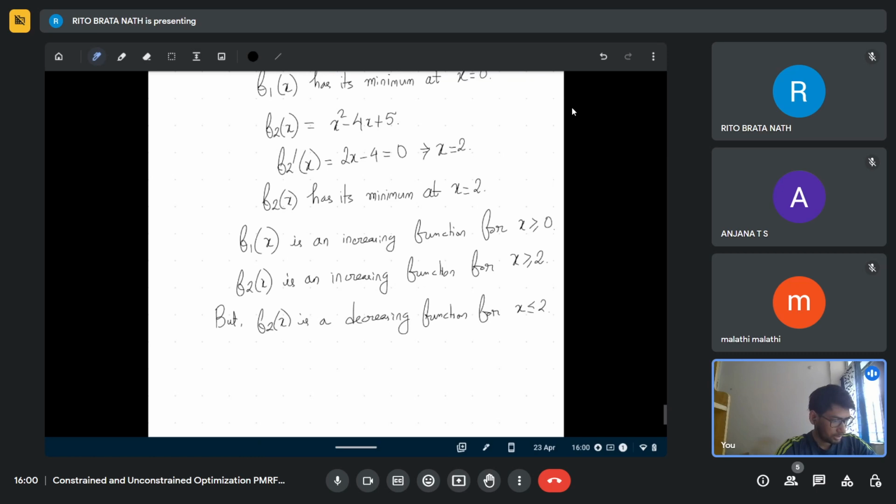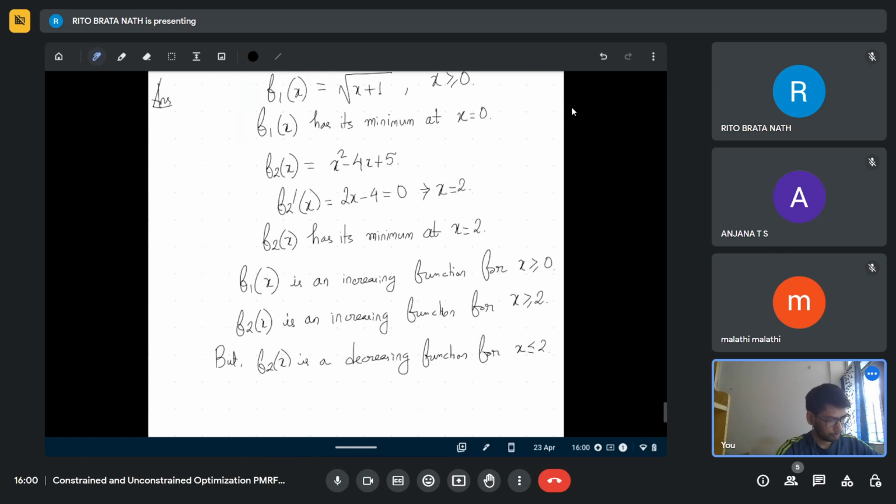The same goes for the other function, f1(x): the values are higher than what it has at x equals 0. You can also find the values at x equals 0 and x equals 2 for these functions.